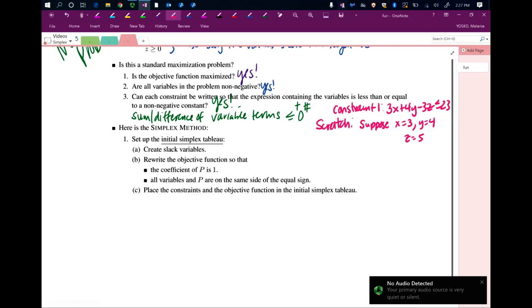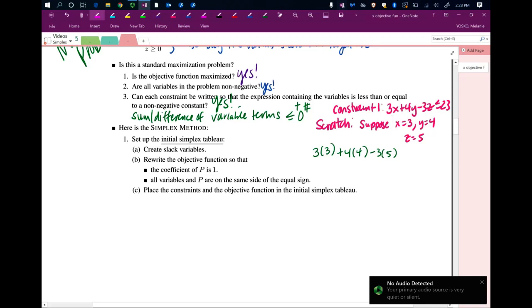And if I plug these in, what happens to that constraint? Okay, so I have 3 times x. Well, my x I said was 3. Plus 4 times y. Well, y is 4. Minus 3 times 5. So all I've done is taken this x, this y, and this z value, and I've plugged it in to the left-hand side of my inequality.